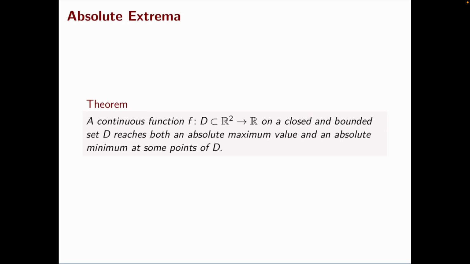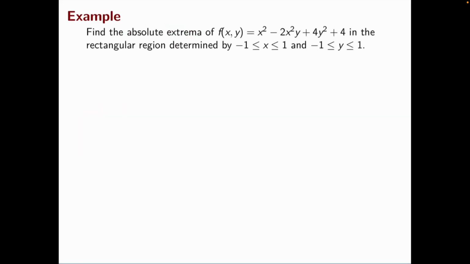So these points could be in the interior of D, that would be some of the critical points, or could be in the boundary of D. Then, to calculate the absolute extrema of the function, we're going to start by calculating the critical points and evaluating the function at the critical points, but that will not be enough. So we're also going to need to determine what happens in the actual boundary of the region.